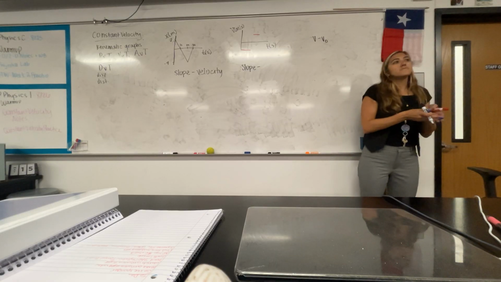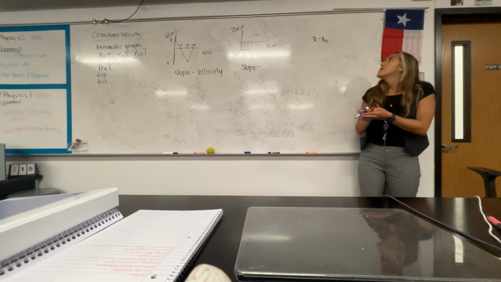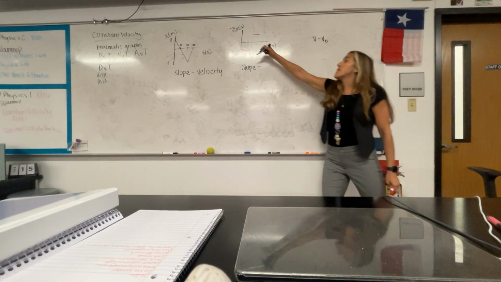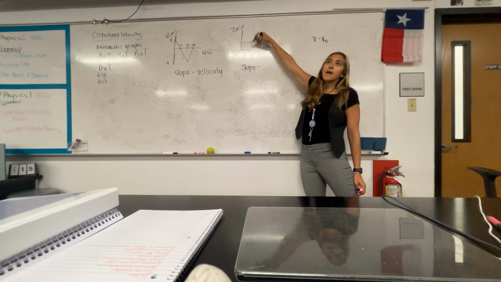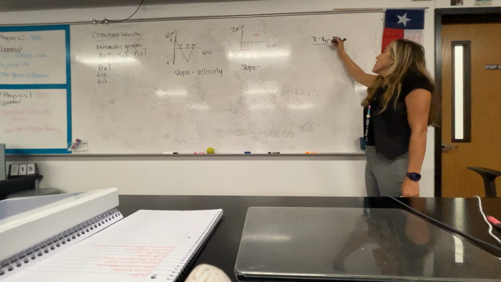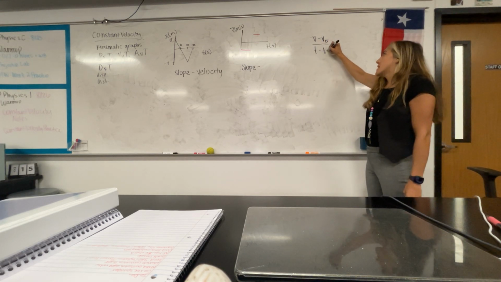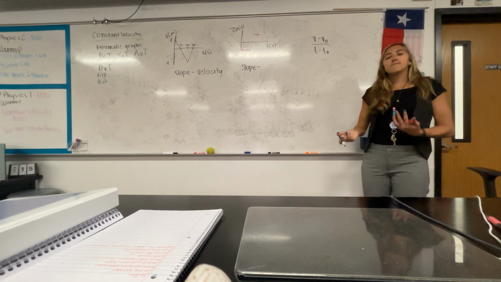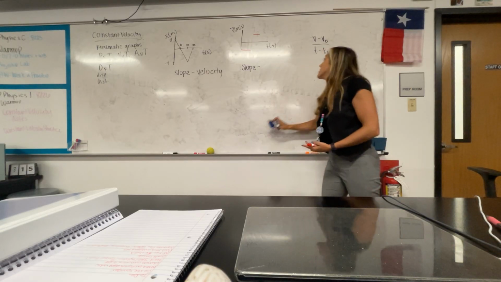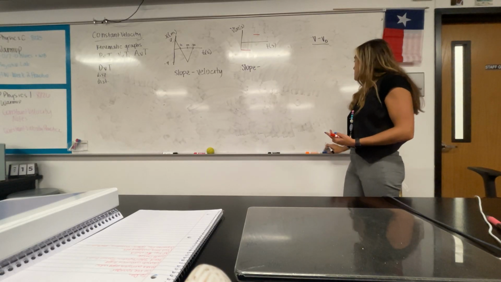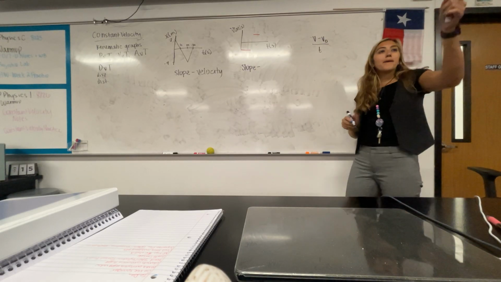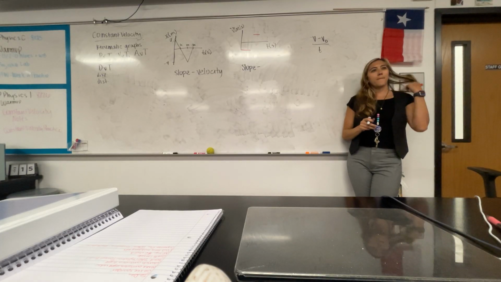V being final, v naught being initial. Right? So that's my rise because it's on the y-axis. Over, I'll write it out for a second, t minus t naught. But if I start at 0, then this would just be over time.